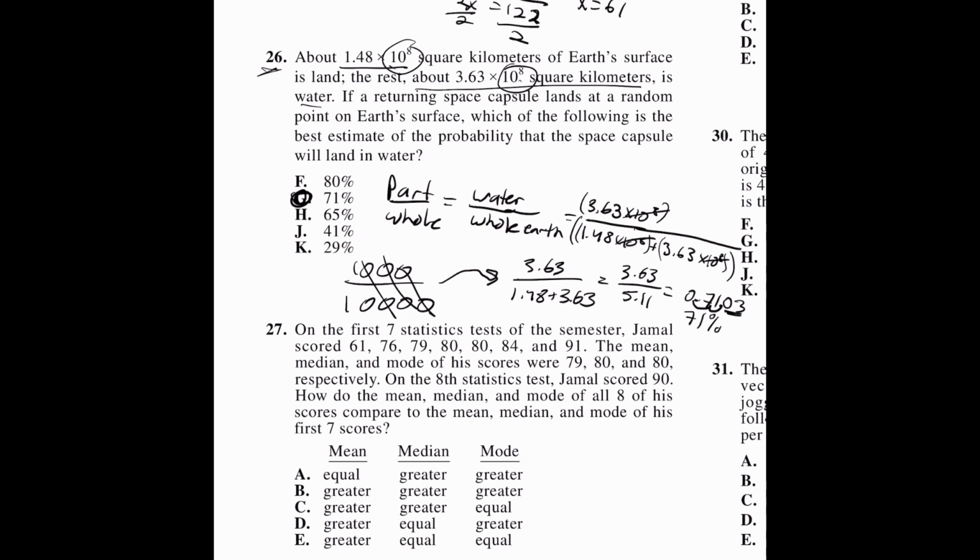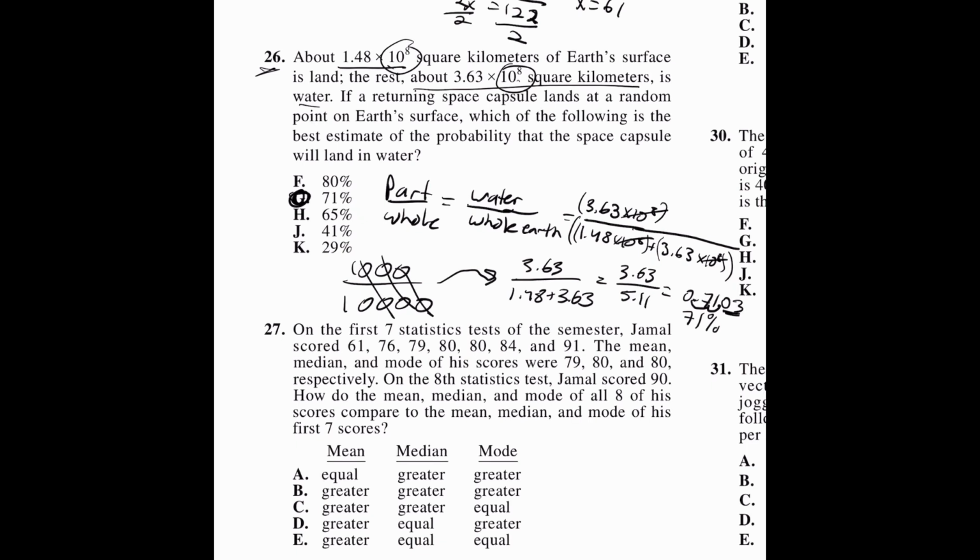Okay. So the first thing you want to do is you want to look. Jamal scored all these test scores, and from these test scores, this is his mean, median, and mode. And then on the 8th test, Jamal scored a 90. How does his new median, mode, and mean compare to his old ones?